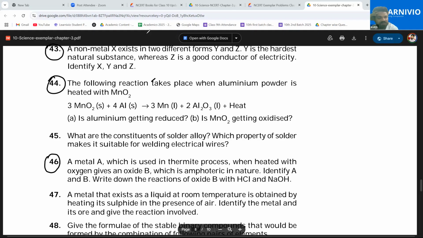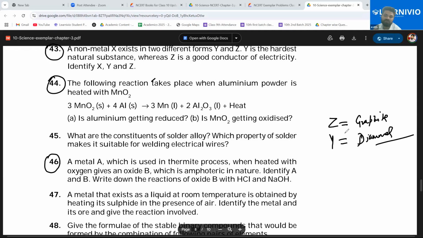And what is Z? Graphite. Z is graphite because it is a good conductor, and Y is diamond. Very good.